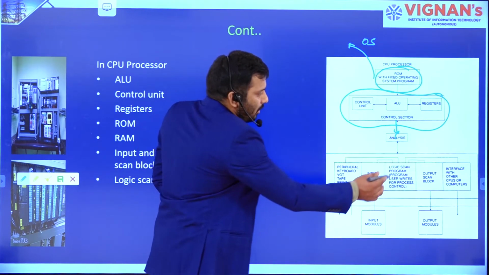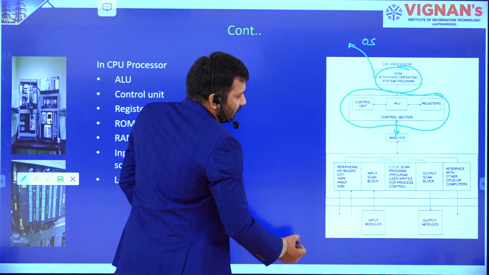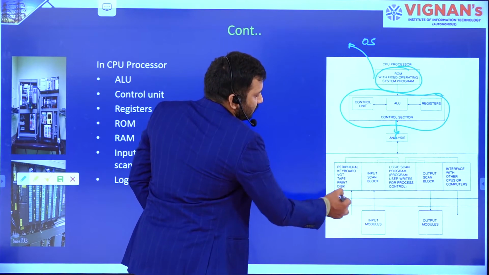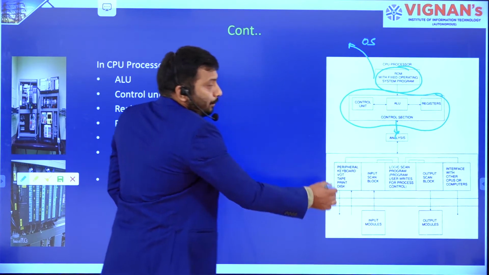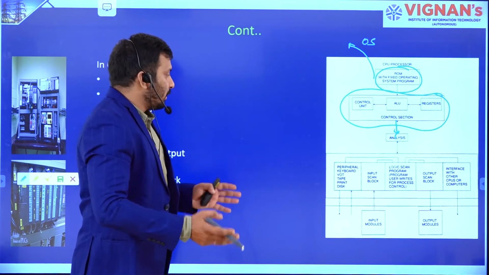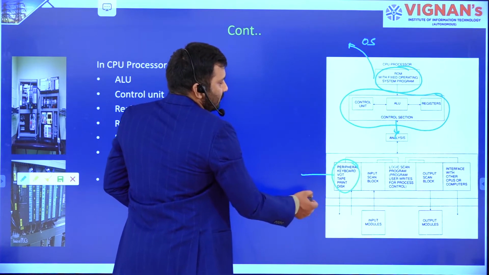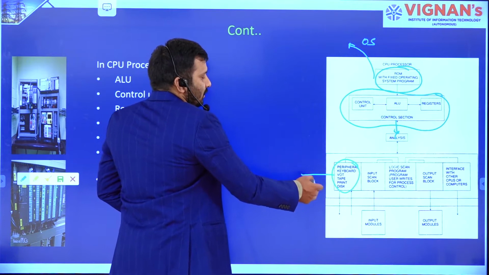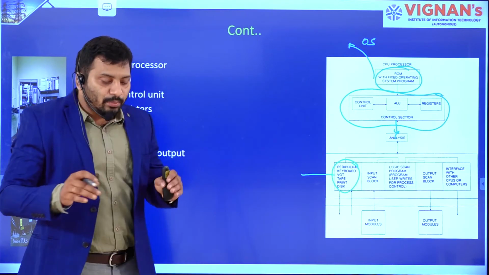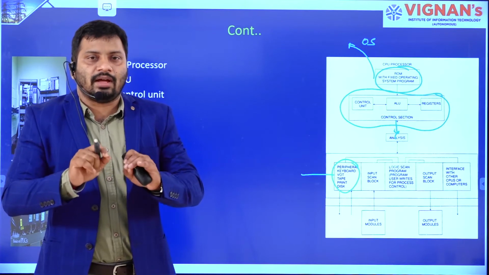You can see the remaining blocks here. Five blocks are there in this circuitry, connected like this. One block is peripherals: keyboard, printer, disk, whatever external hardware devices there are, you can connect here. These are some input and output devices normally connected to the PLC to write a program.